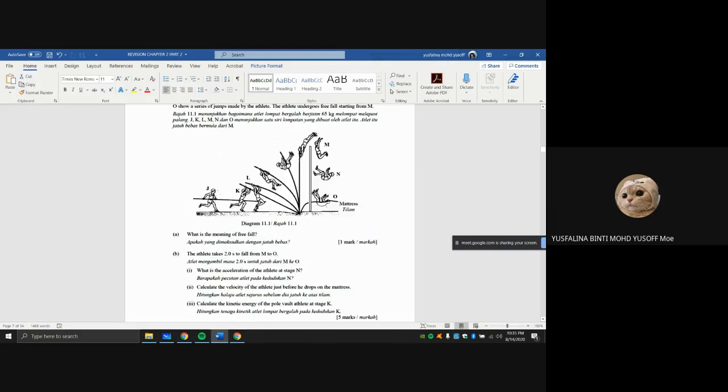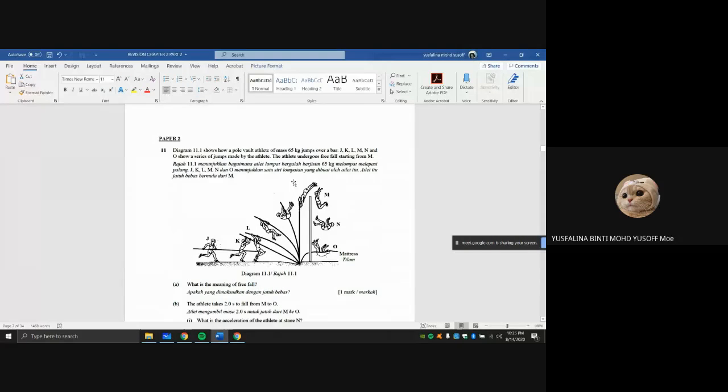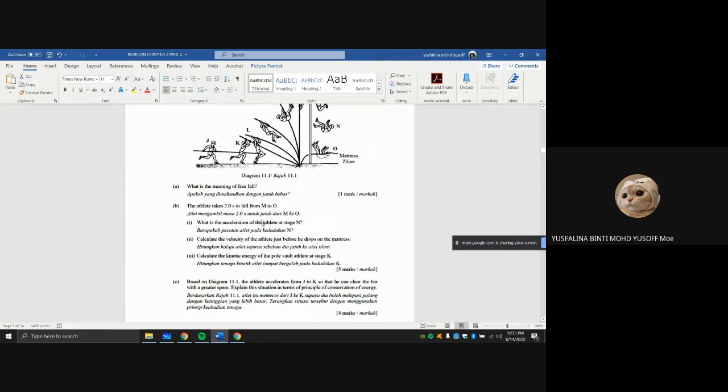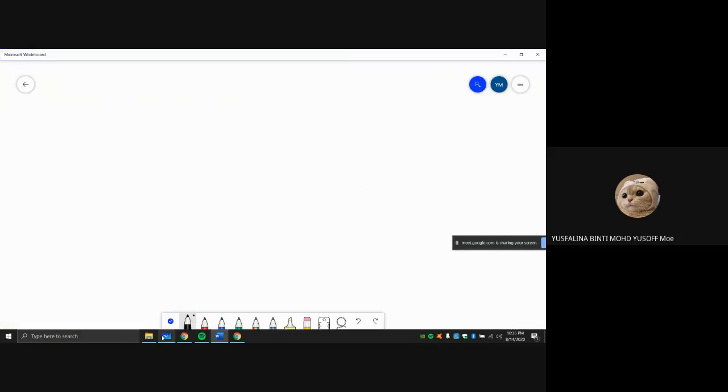If you read the question here, it says that the athlete undergoes free fall starting from M. So we already know that free fall means it falls under the gravitational acceleration, right? So of course the acceleration here is 10 ms negative 2. And then the next one, calculate the velocity of the athlete just before he drops on the mattress. So you know the acceleration is 10. So we can use this formula.